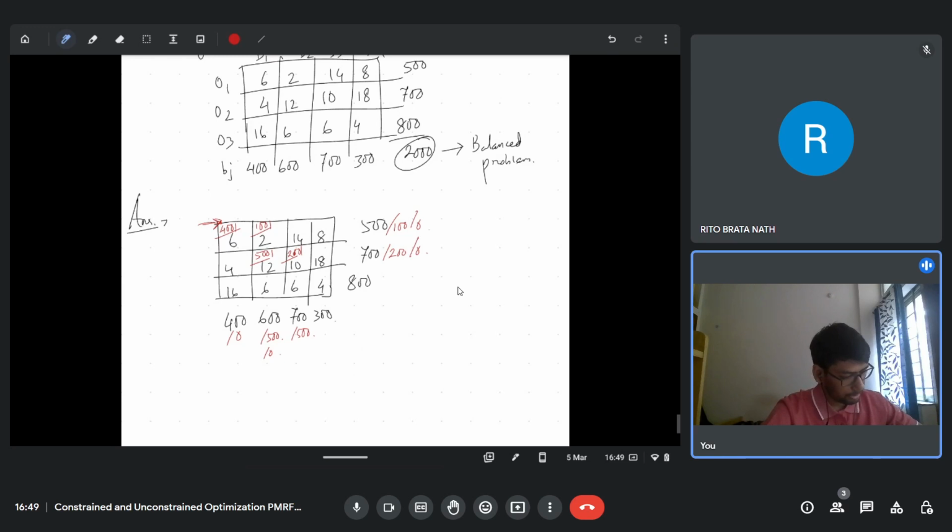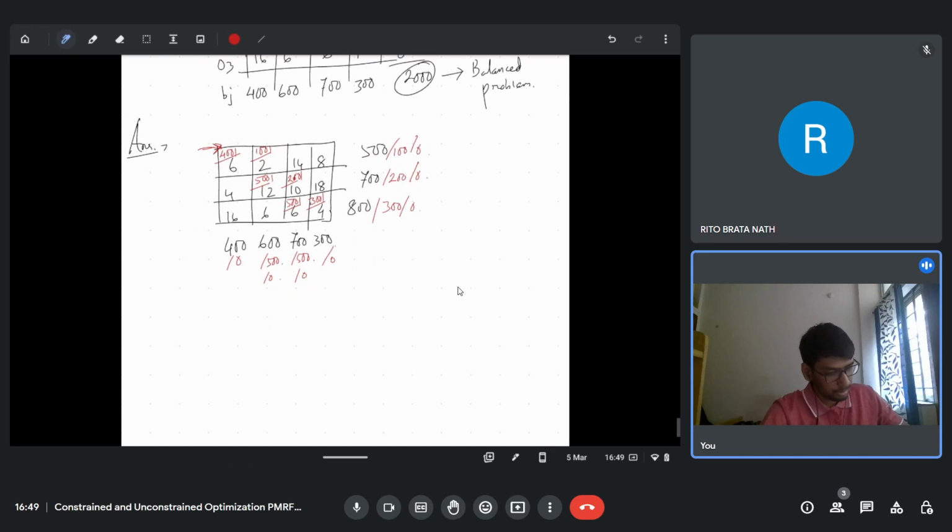You are left with only two choices: here you can allocate 500 and here 300. So it's just starting from the northwest end and moving east and then south. This becomes 0, this becomes 0, this becomes 300 first and then 0.